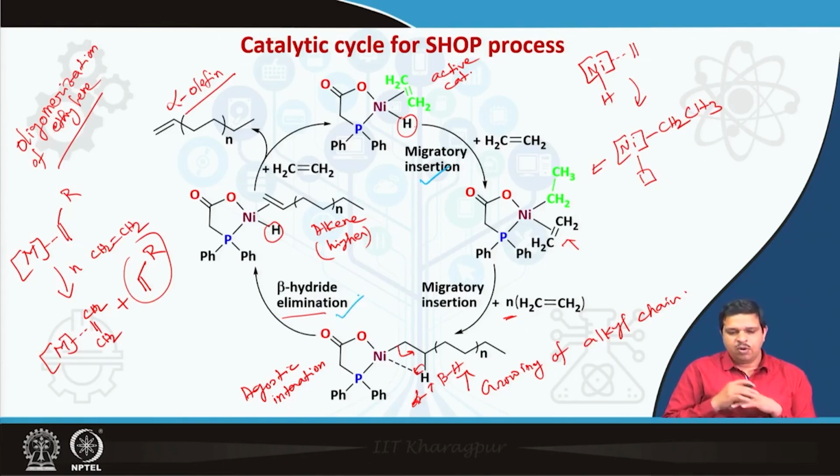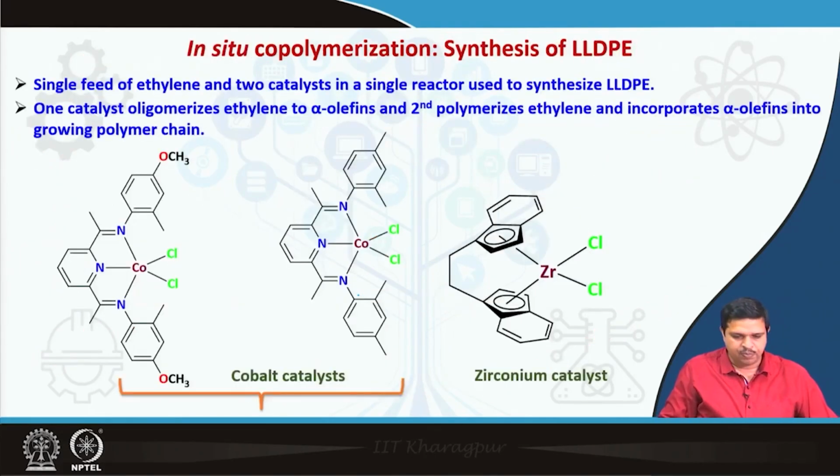From the repeated migratory insertion, you will get the higher alkyl groups, and then eventually at the last step, due to beta hydride elimination, you will get our desired alpha olefin, and then again the steps will be repeated. So far what we have learned is that we need two monomers, one is the alpha olefin and one is the ethylene.